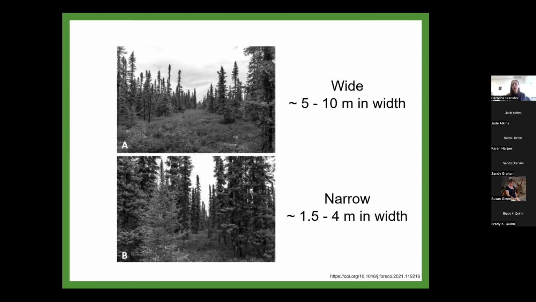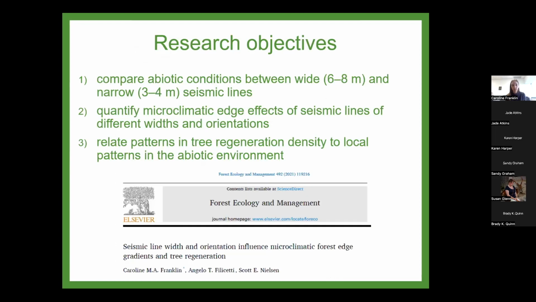So the width of the seismic line has been reduced, but that being said, these wide seismic lines are still prominent features. And there's sometimes very, very little forest recovery on these seismic lines. So we wanted to compare the effects of these different seismic line widths on vegetation and microclimate.